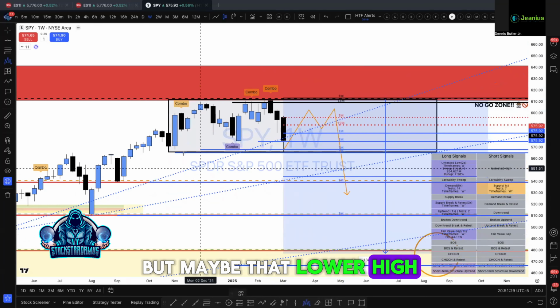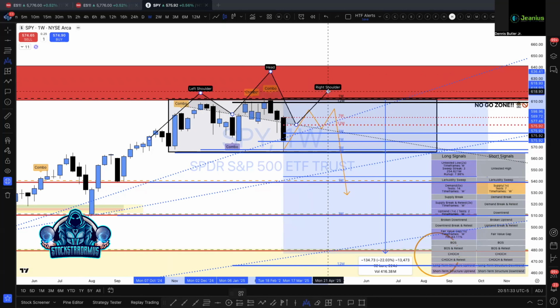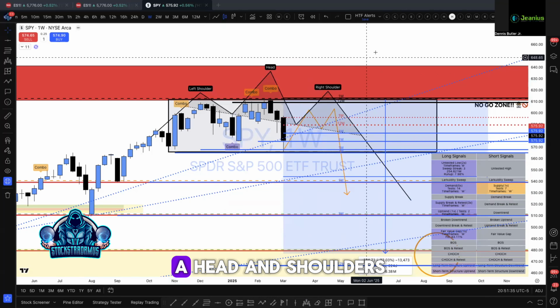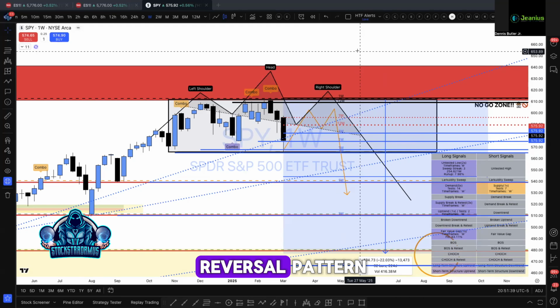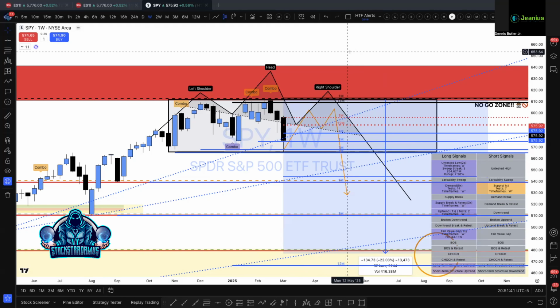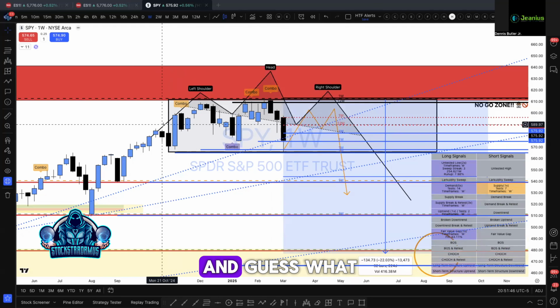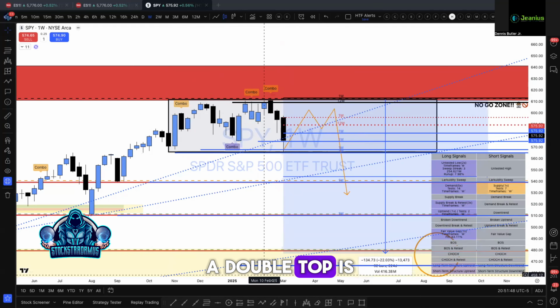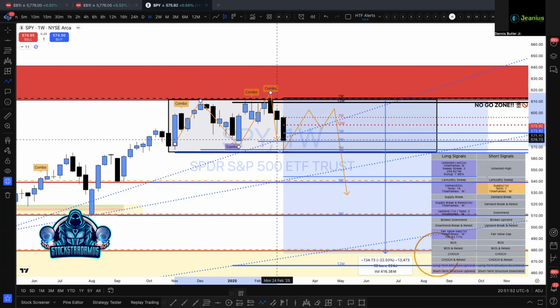But maybe that lower high could also be the beginning of a head and shoulders, which is also another reversal pattern. A range is a reversal pattern, a head and shoulders is a reversal pattern, and guess what? A double top is the beginning of a reversal pattern.